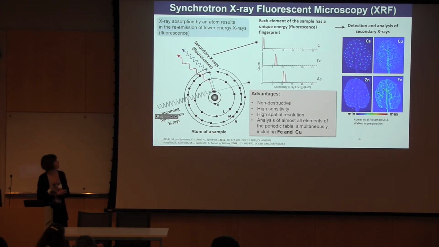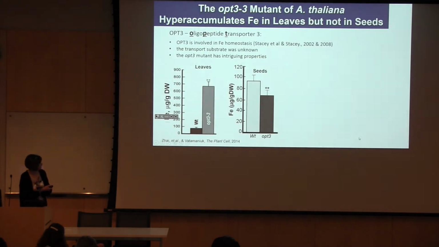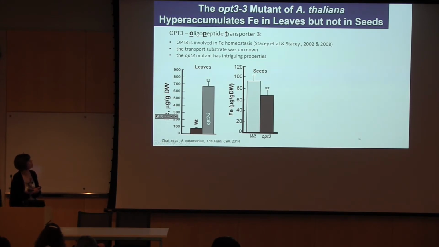So how did this technique help us? We were working on a transporter called oligopeptide transporter, which was initially identified in the Gary Stacey lab. It has been known that OPT3, as I'll refer to it, the oligopeptide transporter, is somehow involved in iron homeostasis, but the substrate of the transporter was unknown.